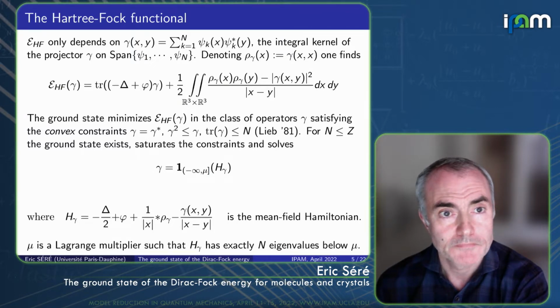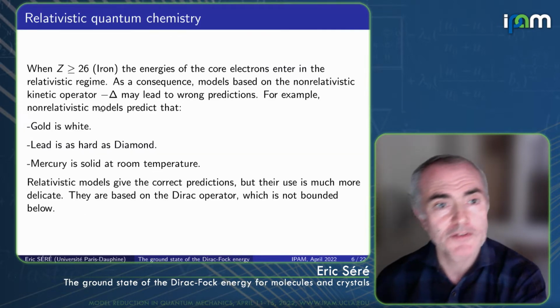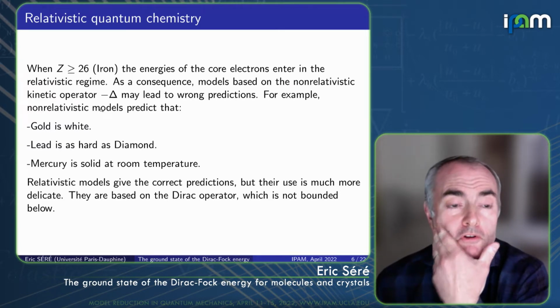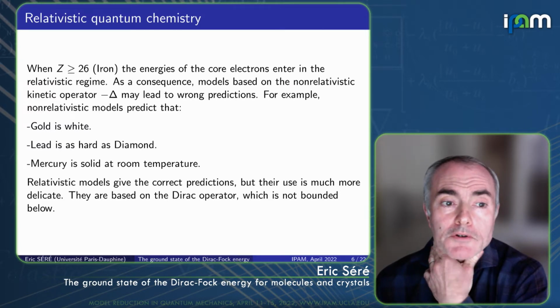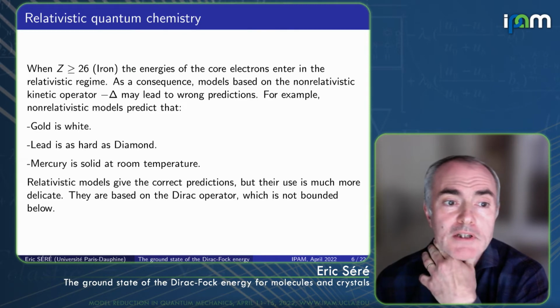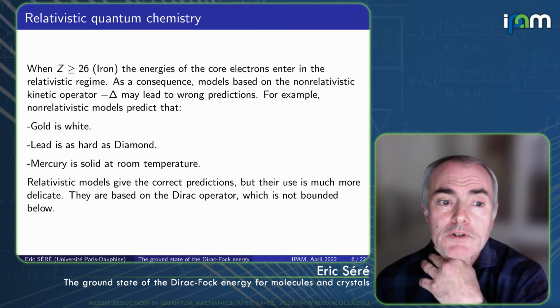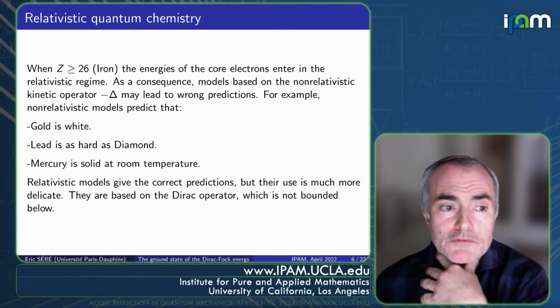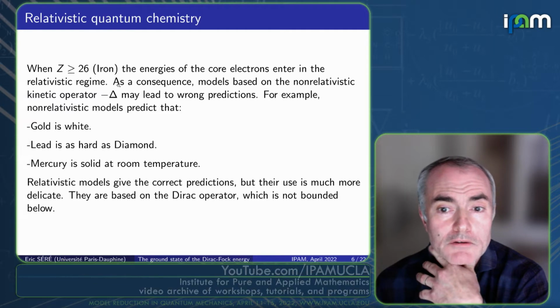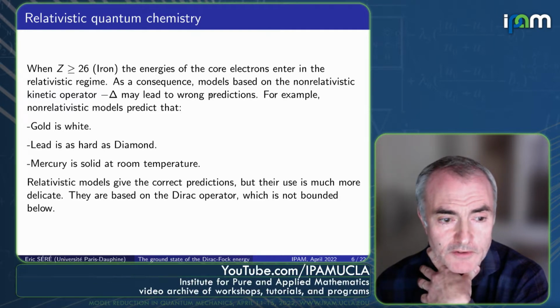Okay. So now let me go to relativistic quantum mechanics. So first, just a word about the importance of relativistic quantum mechanics in quantum chemistry. If you look at atoms with charge at least 26 and higher, you find that you cannot neglect relativistic effects.